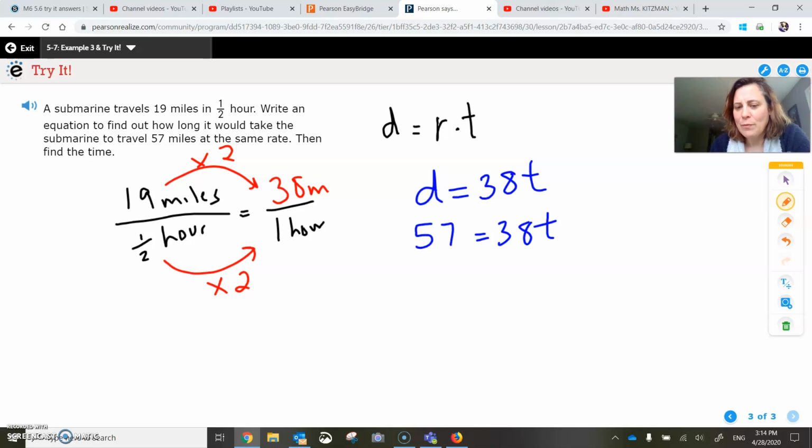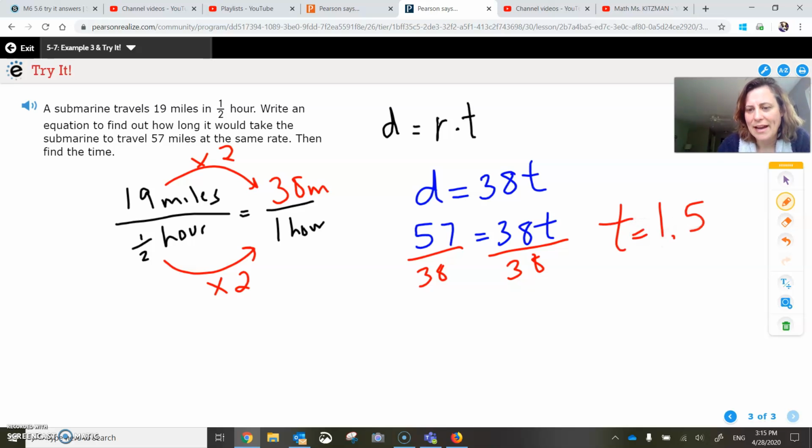I'm trying to decide how they had you guys do this because I'm not sure I agree with how they're showing you how to do this, but if we divide both sides by 38, 57 divided by 38 is 1.5. So it would take 1.5 hours, which kind of fits with what I thought it was going to take.